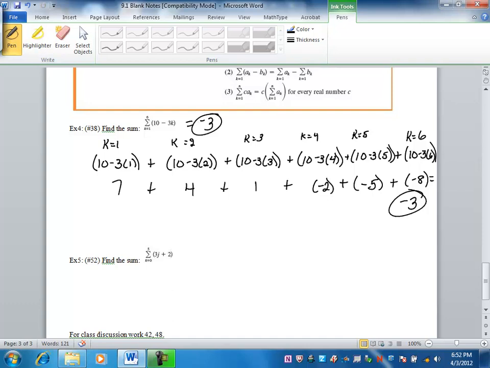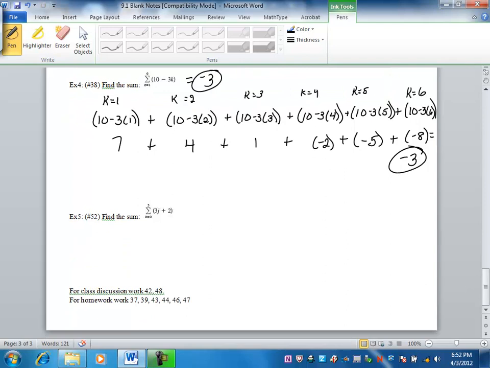I'm going to make a change here from what we see. I know this says the sum from k equals 0 to 5 of 3j plus 2, but we're going to make a change. This is going to be the sum from k equals 0 to 5 of 3k plus 2. And so k equals 0 is going to look like 3 times 0 plus 2.